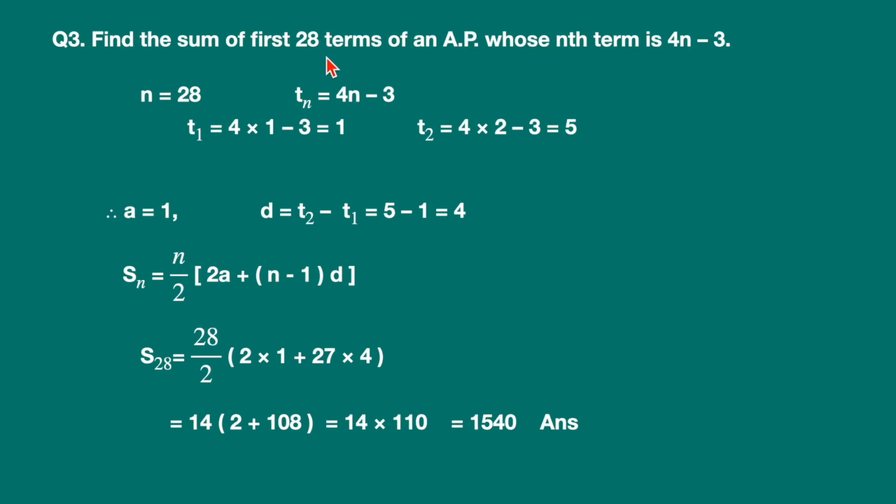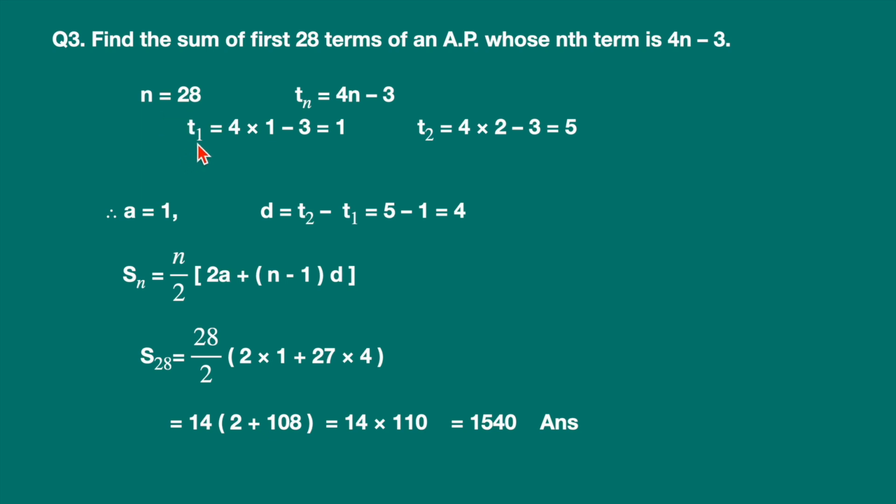Find the sum of the first 28 terms of an AP whose nth term is 4n minus 3. So here the nth term, Tn, is given by 4n minus 3. We learnt about Tn in the previous exercise. Tn is equal to 4n minus 3. Number of terms is 28, n is equal to 28.